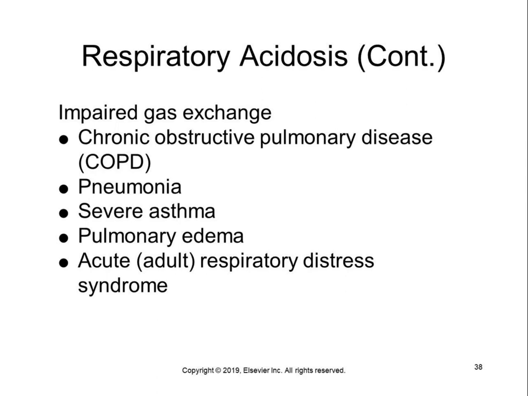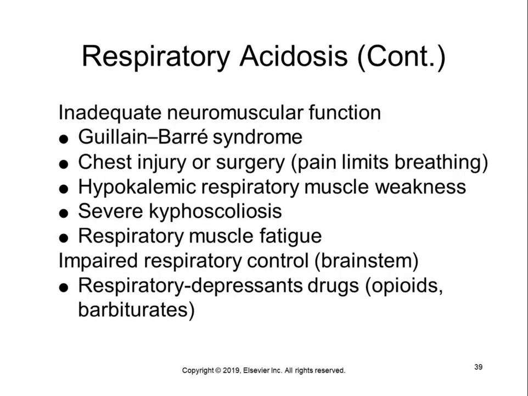Impaired gas exchange: chronic obstructive pulmonary disease, COPD, pneumonia, severe asthma, pulmonary edema, acute respiratory distress syndrome. Inadequate neuromuscular function: Guillain-Barré syndrome, chest injury or surgery, hypokalemic respiratory muscle weakness, severe kyphosis, respiratory muscle fatigue. Impaired respiratory control: respiratory depressant drugs, opioids, barbiturates.